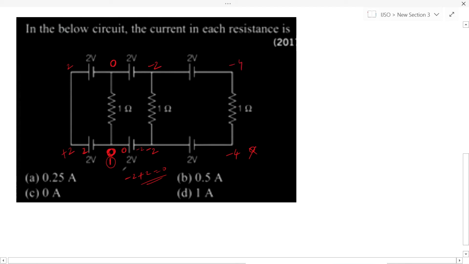So it is at same potential, so the current over here is 0, because it goes from higher to lower, na? So I is 0 in this case. In this case also I is 0, and in this case also I is 0. So the current is 0. Good. Clear or tough?